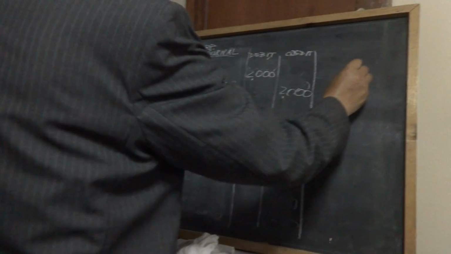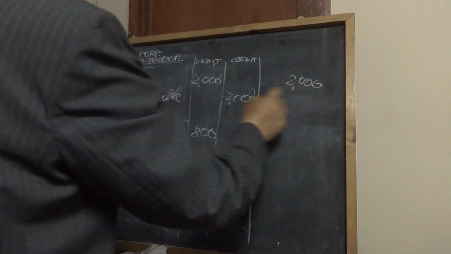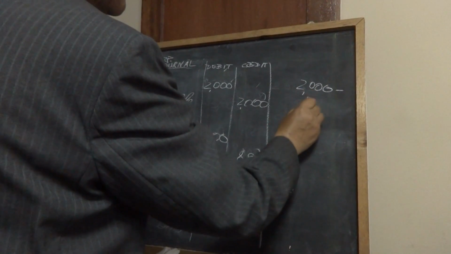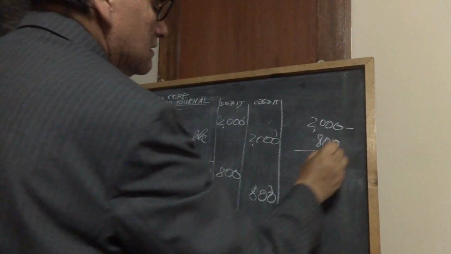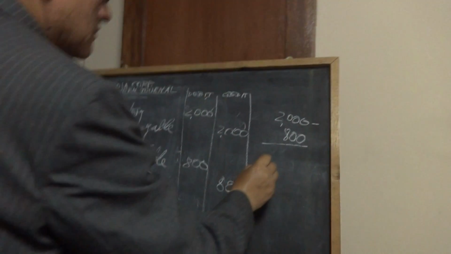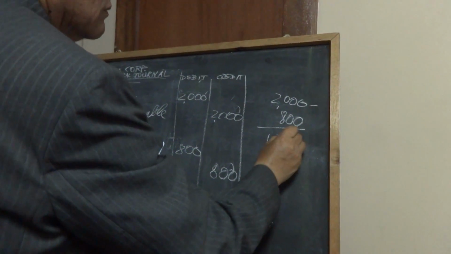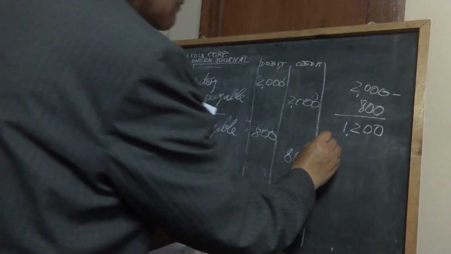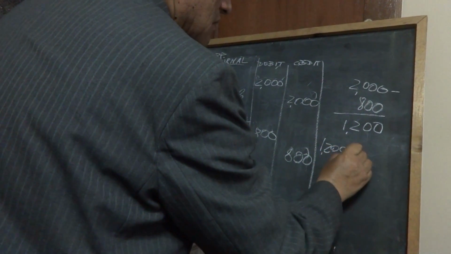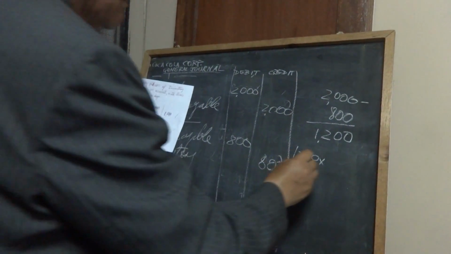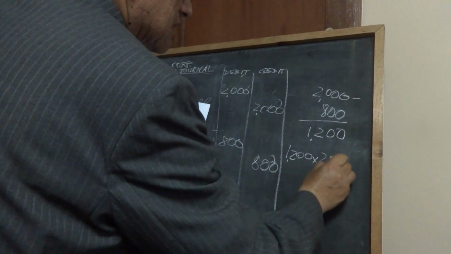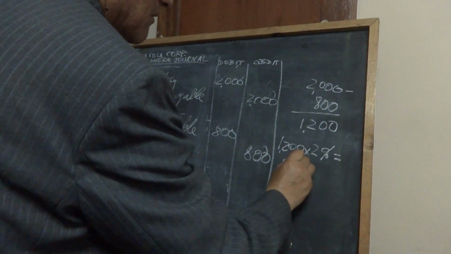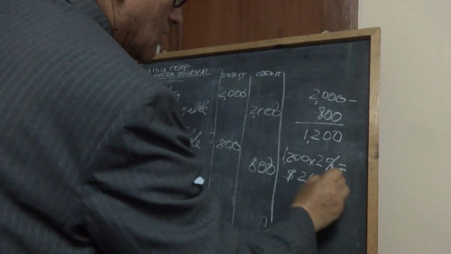So the invoice is for $2,000 minus $800 for the merchandise return, which gives $1,200. $1,200 we multiply by 2%, and this gives $24 of discount.